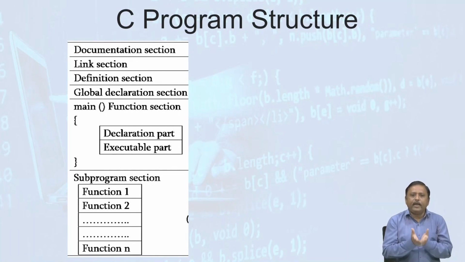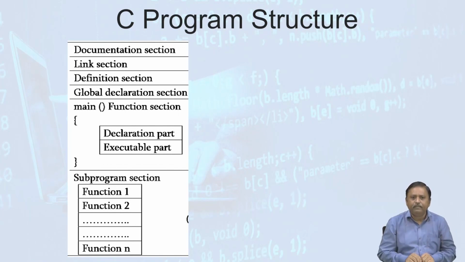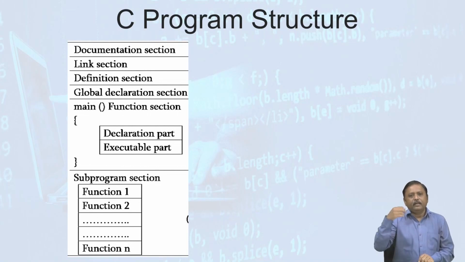Again, main function has two parts. One is called declaration part, where you declare variables in which you can store values. You can declare arrays also, that we are going to learn later on. Anything can be declared inside main function, and then you write down executable statements.